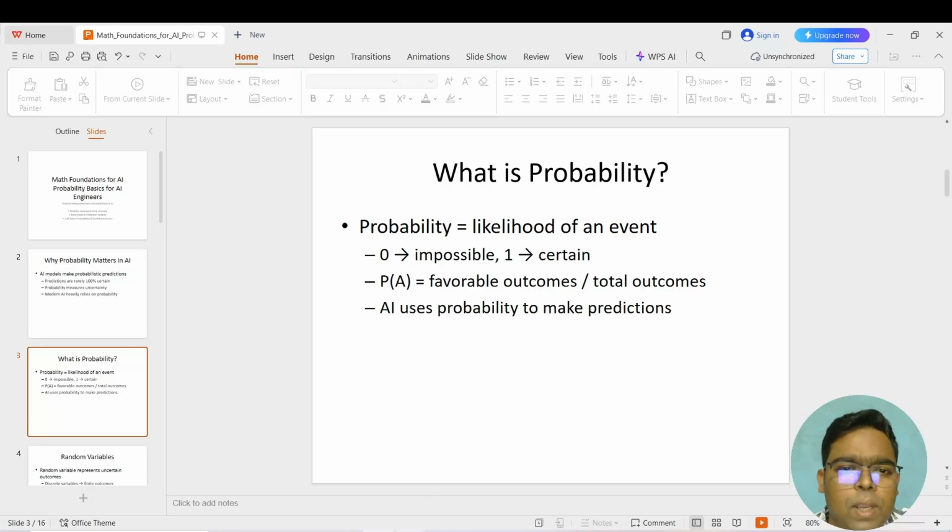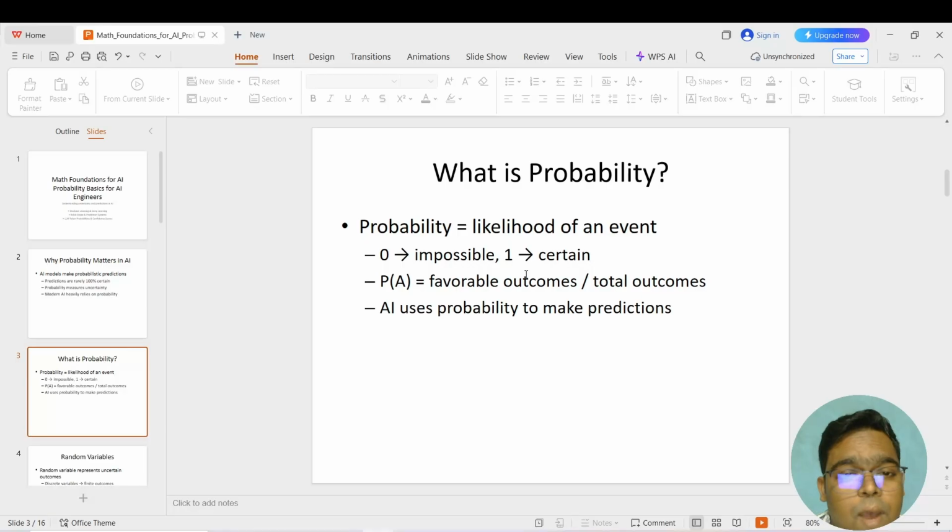Probability is nothing but the likelihood of an event. Say a coin toss, with head and tail. If I say the probability of head happening, that is 1/2, because there are two events that can happen, head and tail, and one event is happening, so it is 1/2.